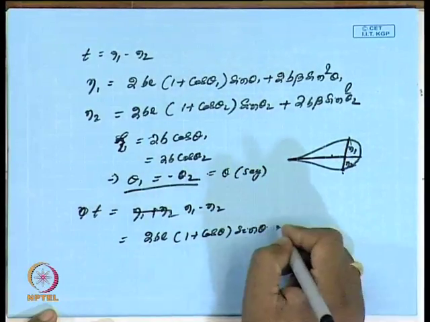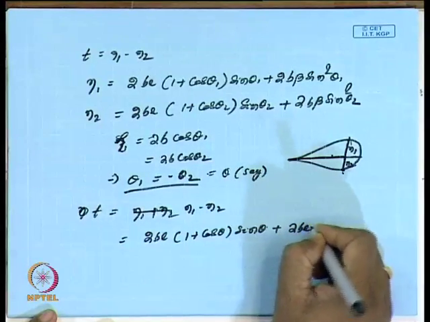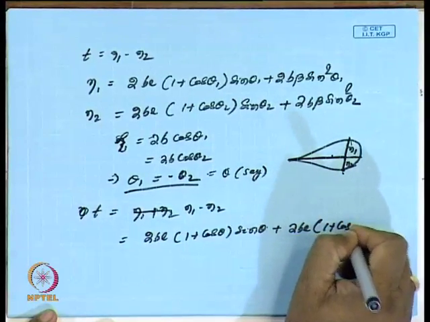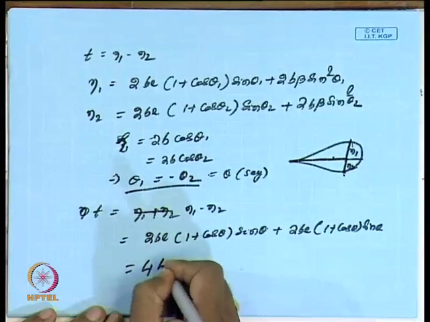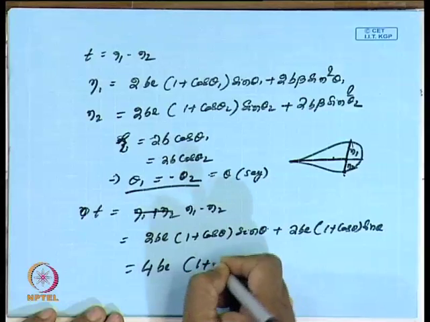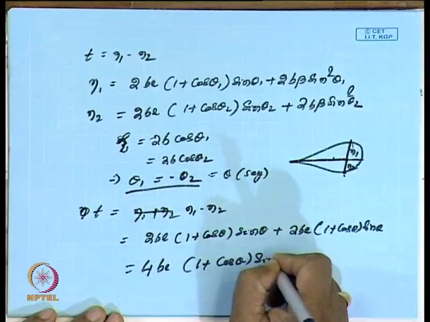So this will contribute plus 2b into 1 plus cos theta into sin theta, and that is nothing but 4b e cos theta into sin theta.